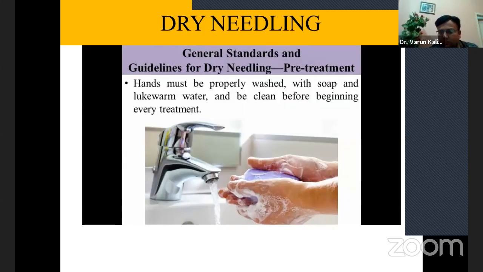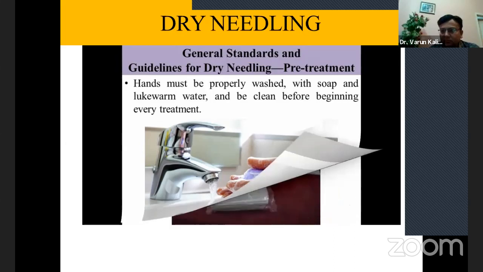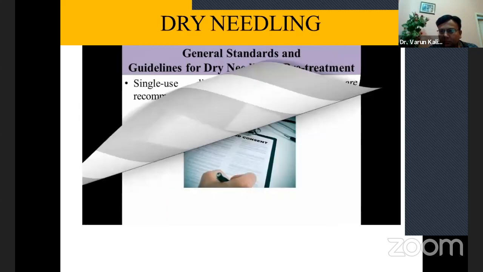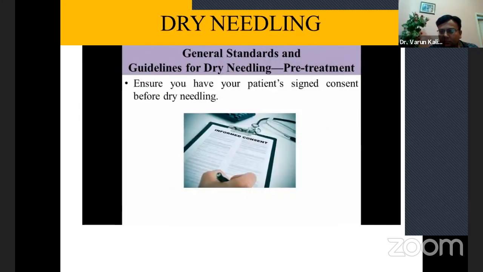Before giving any treatment session, you have to dry your hands using single-use disposable paper towels. It's very important. We have to get a signed consent from the patient before giving the dry needling session.